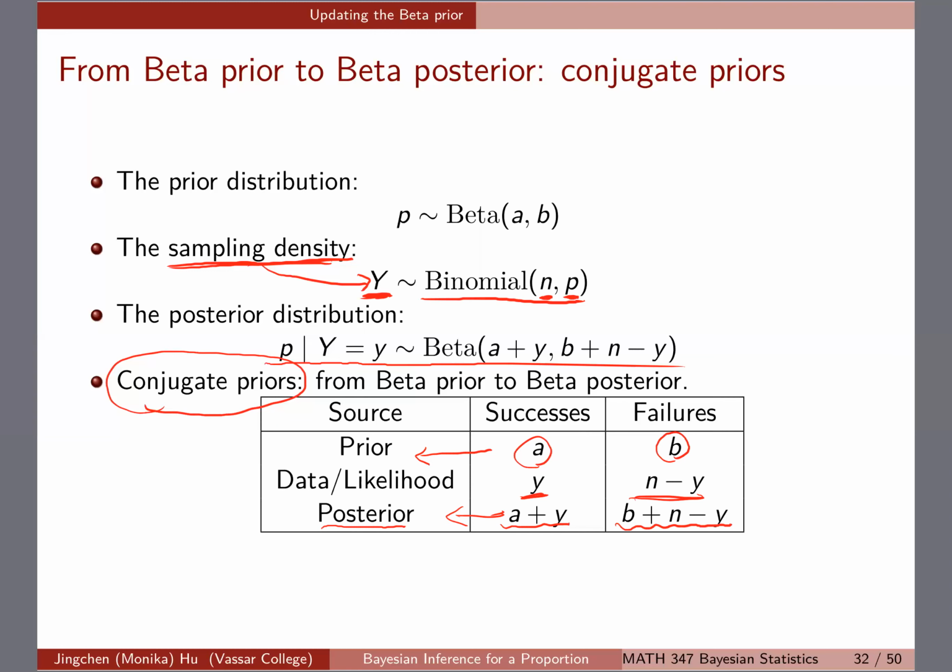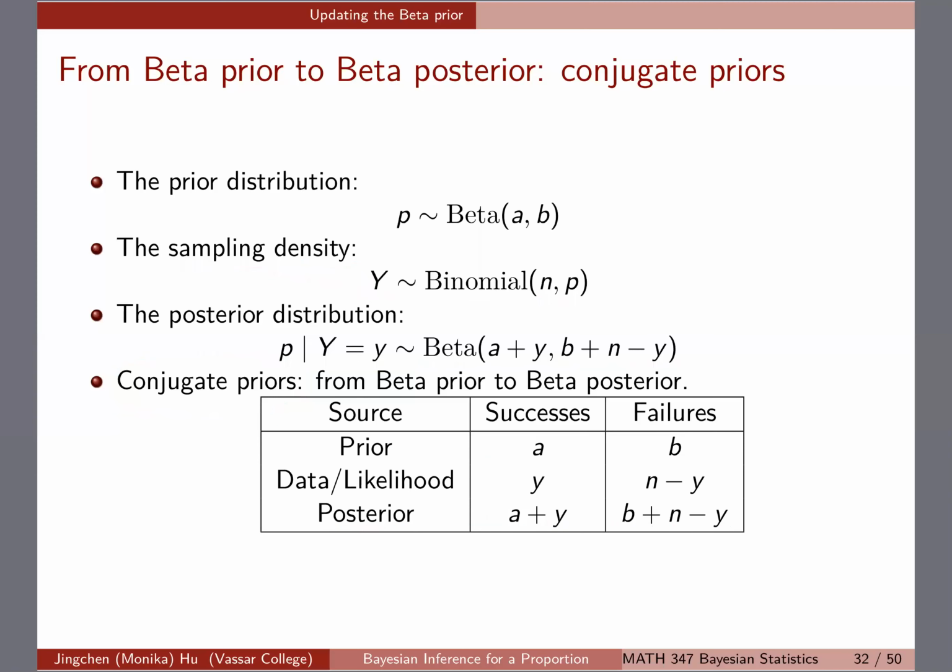This is a shortcut if you want to memorize things, but it's really because of the derivation that we did that we know that we start with beta(A, B) and we end with beta(A plus y, B plus n minus y). Make sense?